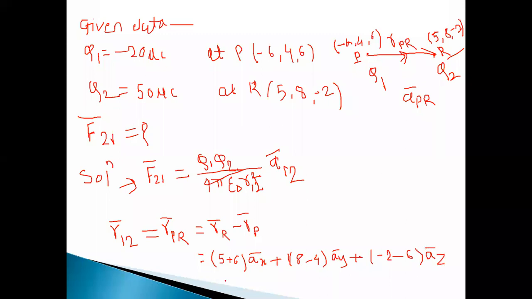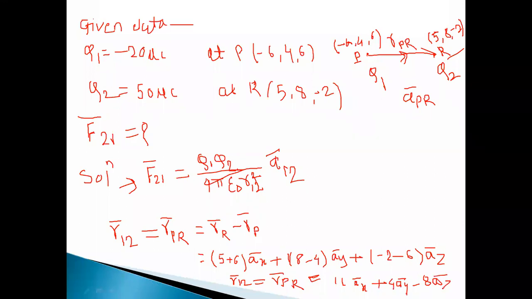Okay. So we get this r bar 1, 2, which is equal to r bar pr, and it is equal to 11 a bar x plus 4 a bar y and minus 8 a bar z.